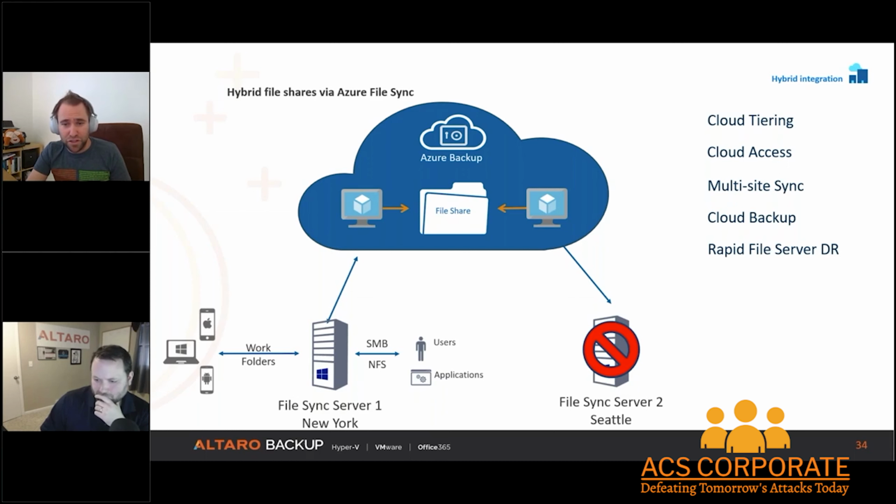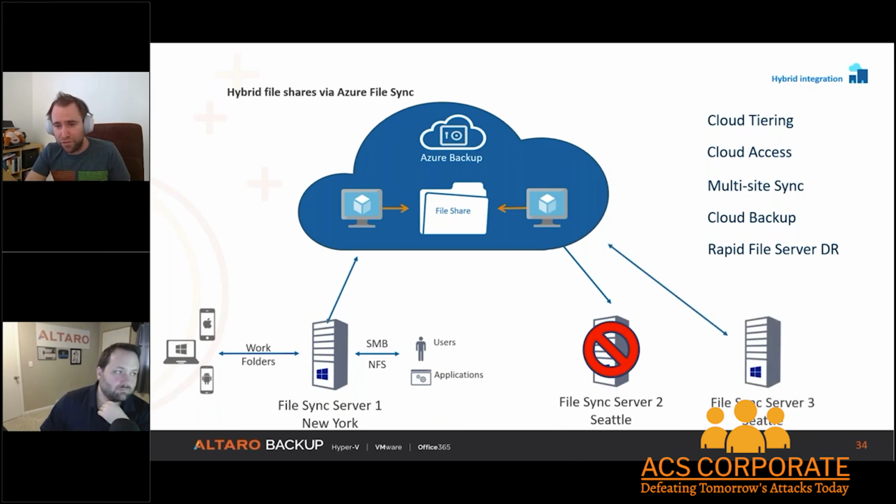Let's say your server on-premise in Seattle dies, and now you need to restore something. First of all, users could access the file share in the cloud. However, a lot of scenarios do not allow that. So what you can do is set up a new server, install the agent, and point it to that file share. It will start replicating the metadata, show you all the files, and slowly download all the files in the background.